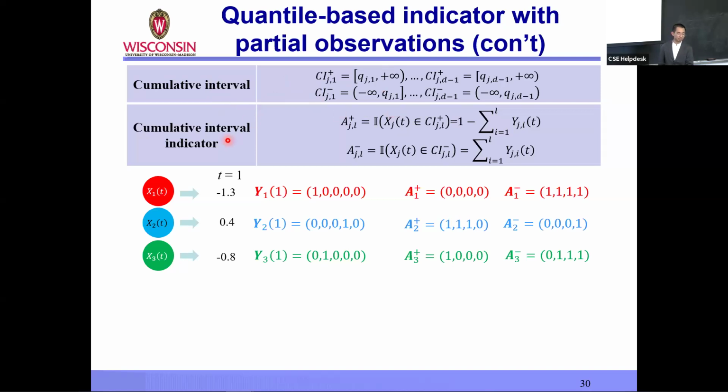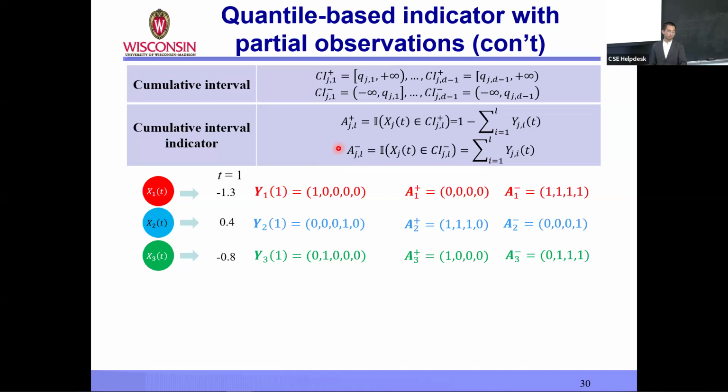Similarly, we can construct the indicator for these cumulative intervals. Based on our simulation, we find that A plus is sensitive to detecting positive changes, and A minus is sensitive to detecting downward shifts.